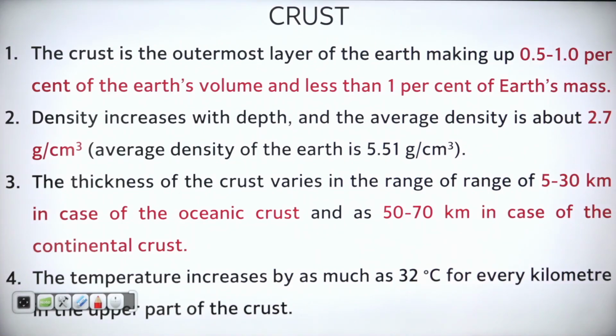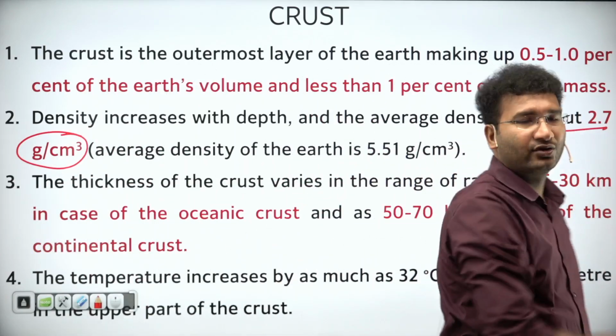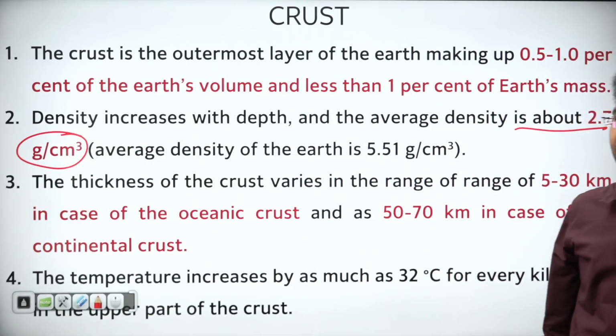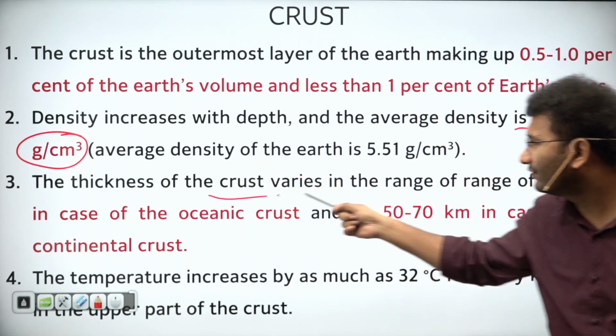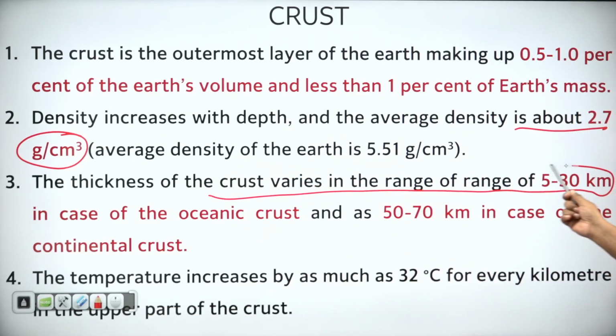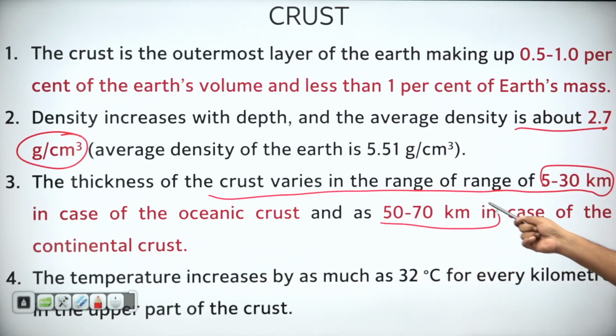Okay? Volume of this particular layer is very less. The density is 2.7 grams per cubic centimeter. Right? This is the density. Clear? And the thickness of the crust varies in the range from 5 to 30 kilometers in the oceans, and 50 to 70 kilometers in the continent.